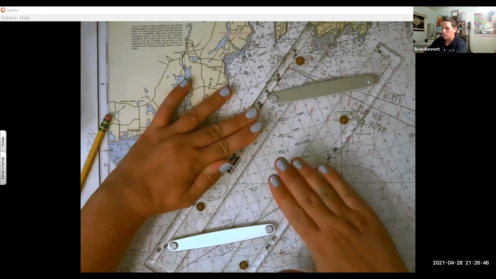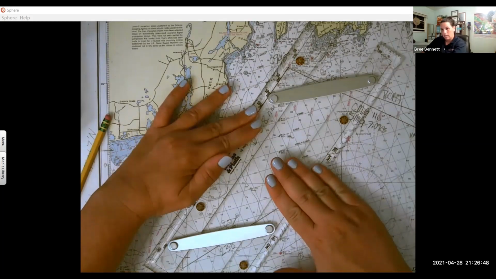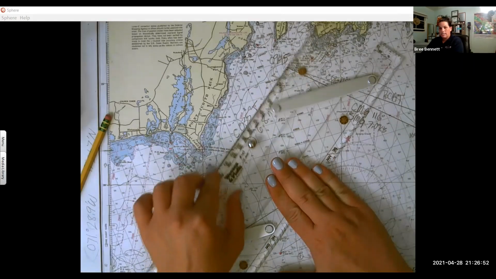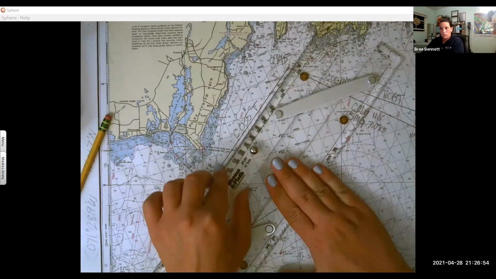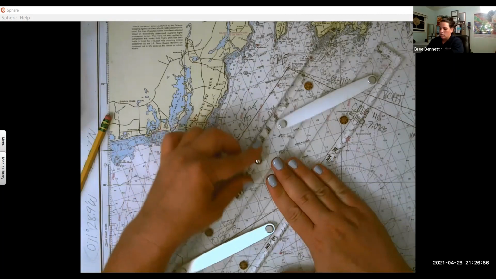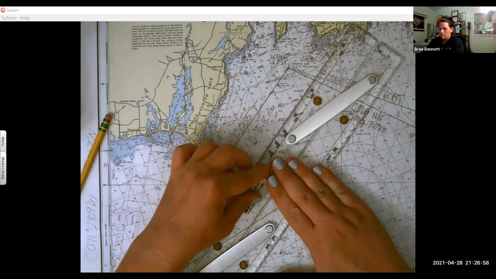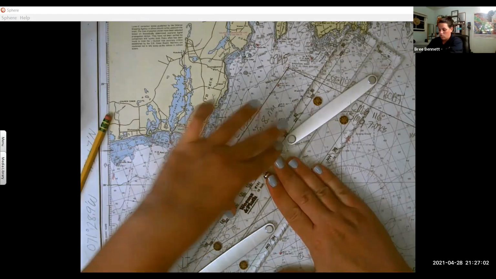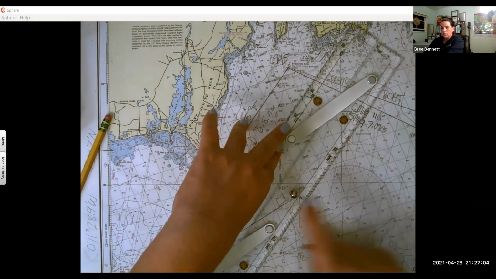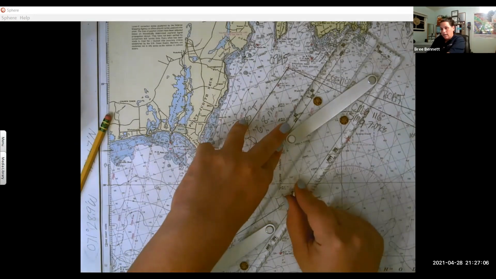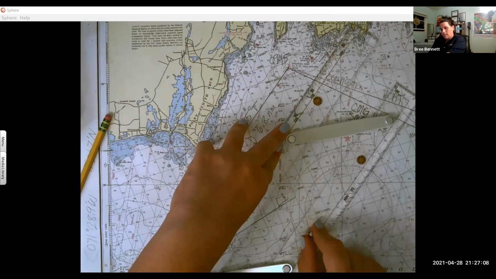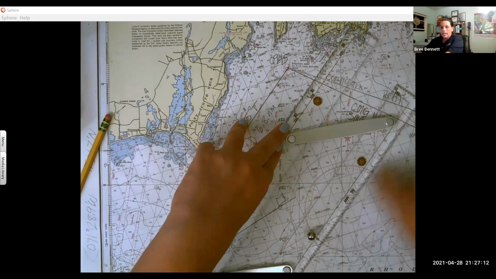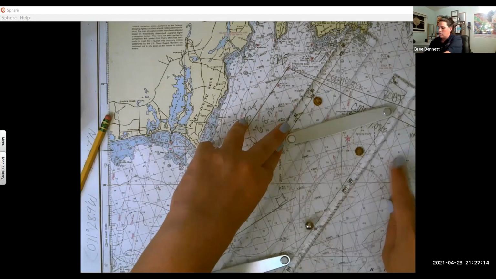I'm going to put pressure on this ruler, and now I can move this one freely. So it's kind of a dance of which one has pressure, which one doesn't. So I'm going to close the rulers again. Then I'm going to put pressure on that north one, and now I can move this one freely, and it can reach the center of the compass rose. And I could draw in my line and read.